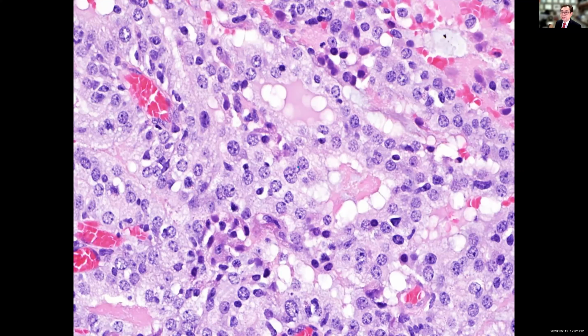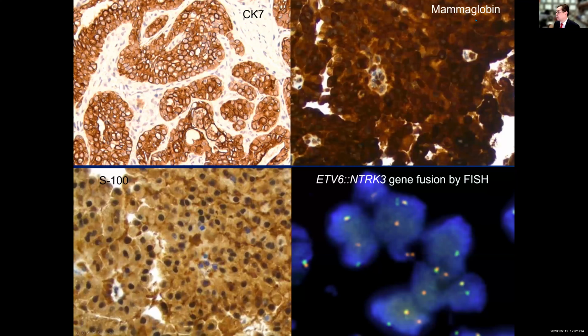And then we did immunostains: CK7 positive, mammaglobin positive, S100 positive, and this very unique gene fusion, ETV6 and NTRK3 gene fusion, by FISH. And I want to comment on NTRK because, as we know, NTRK is a good target, and we have very effective individually targeted treatment. The effectiveness of this NTRK inhibitor is very high, 70% and above.